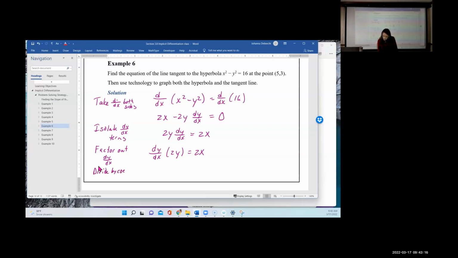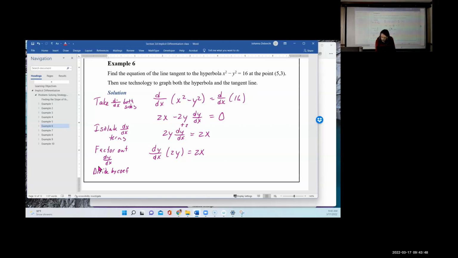Shouldn't it be -2y right there again? I moved the 2y dy/dx to the other side, which made it positive from this step. The second step? From the second to the third? From the second to the third. So when I add the 2y dy/dx to the other side, it becomes positive. All right.